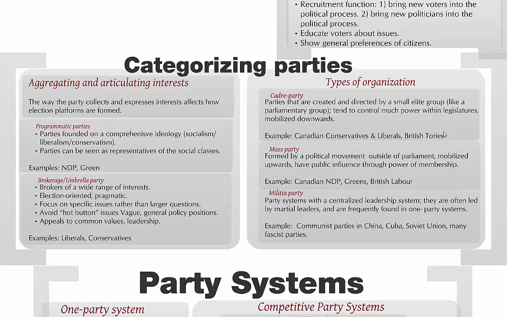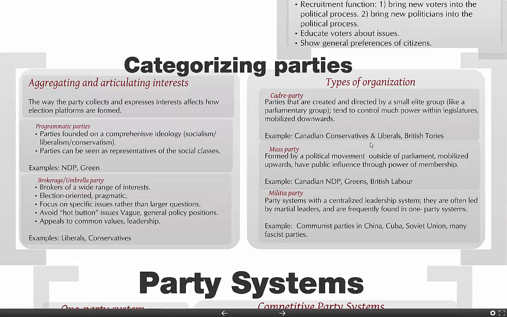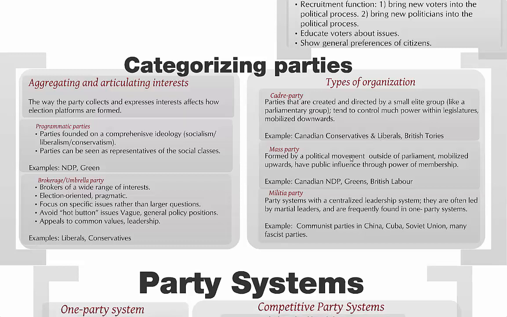So those that have started more as elite parties, and with the advent of democracy, they reach out and try to mobilize voters. Mass parties tend to be those that come from a political social movement that started outside of parliament, and then they mobilized and they gained voter confidence and they entered parliament.